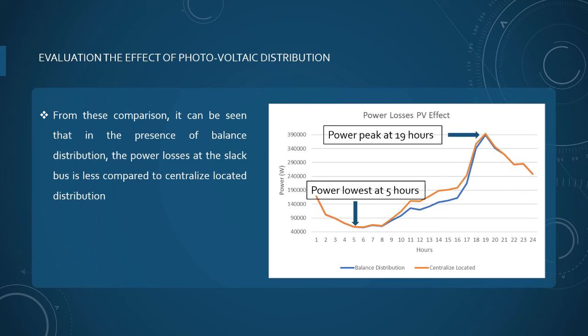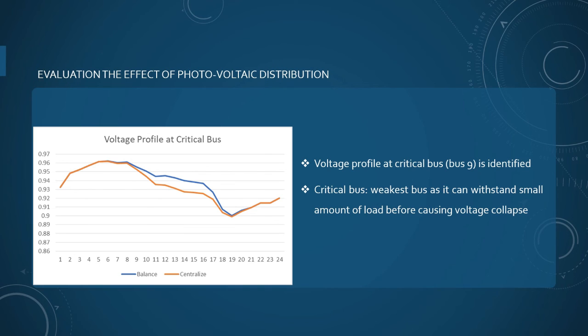From this comparison, it can be seen that with the balanced distribution, the power losses at the slack bus are less compared to the centralized located. It clearly shows that using the balanced distribution makes the power losses lower than the centralized located.